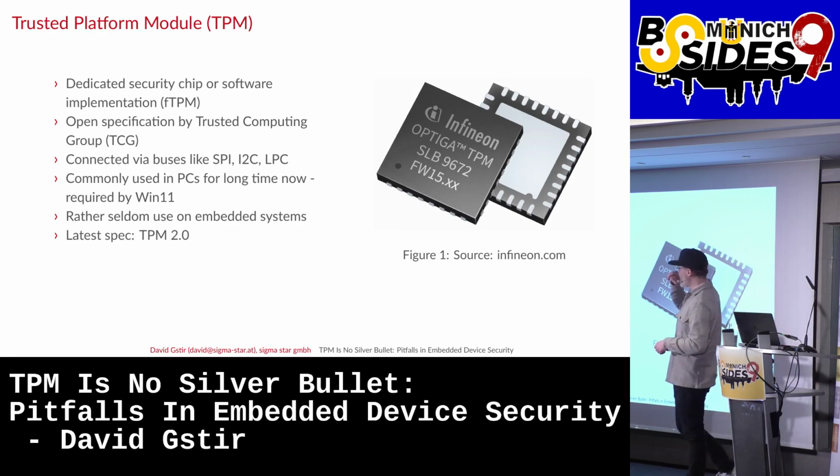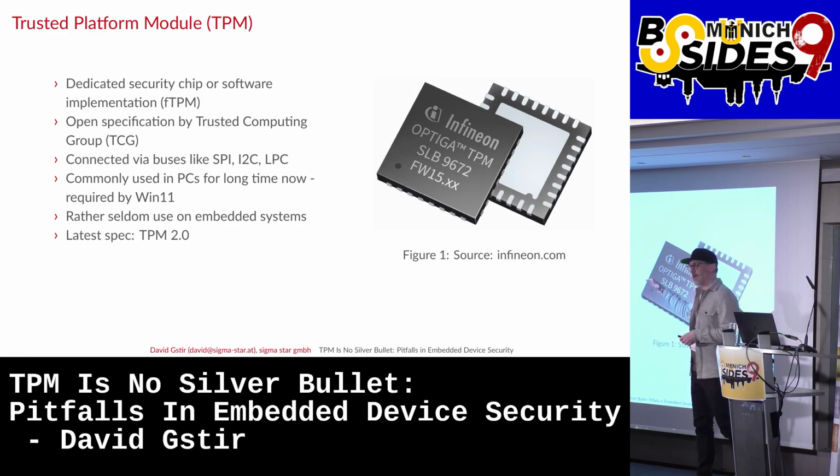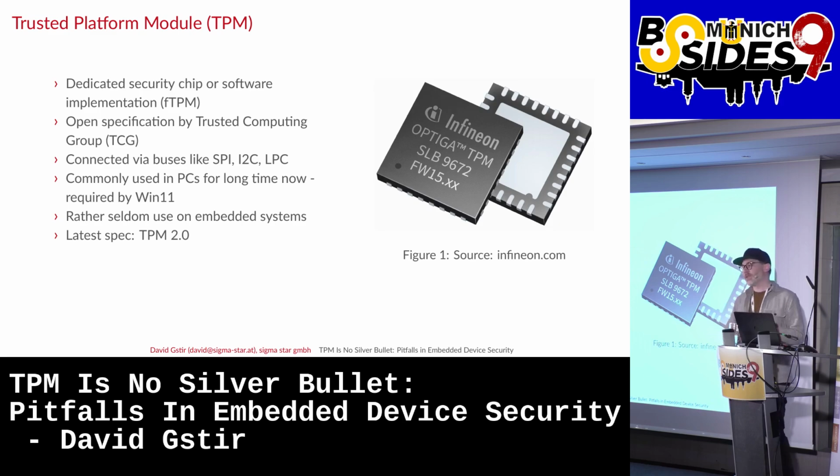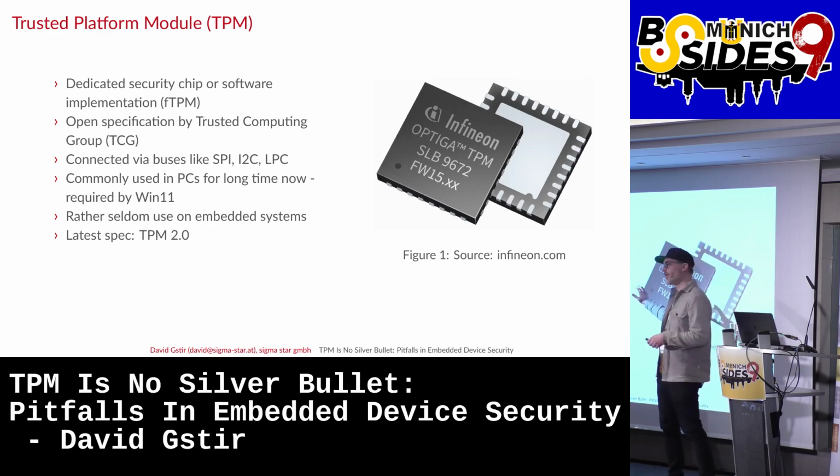It has a bunch of buses or connections, which it usually uses. LPC is the regular one for Windows PCs or standard Intel PCs, but there's also SPI and I2C, which are more often used on embedded devices. They're rather seldom on embedded devices, though.